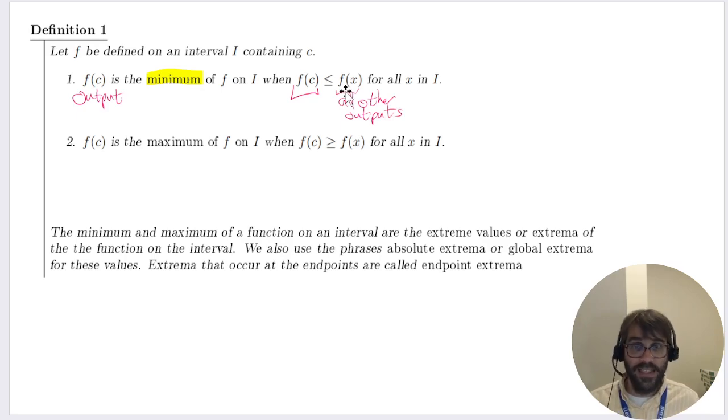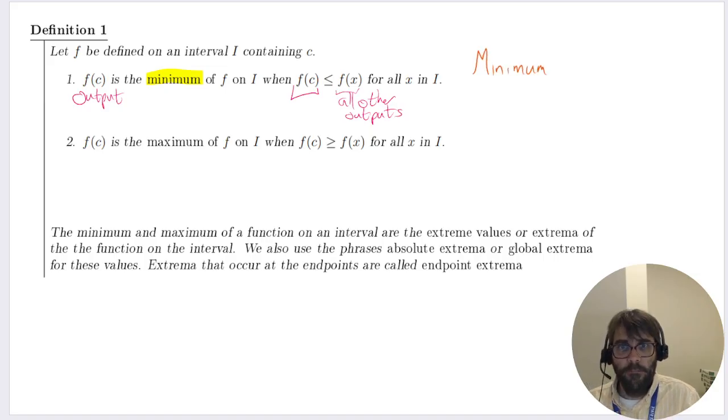That f of x is the stand-in, it's for every single input x. So that's saying, hey, this is just all of the outputs. If you think you got the minimum, it's got to be smaller than all of them. That's what your intuition should say, that the minimum output is smaller than or tied with all outputs.